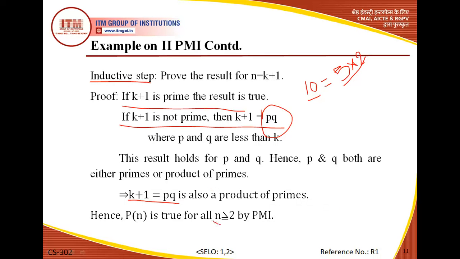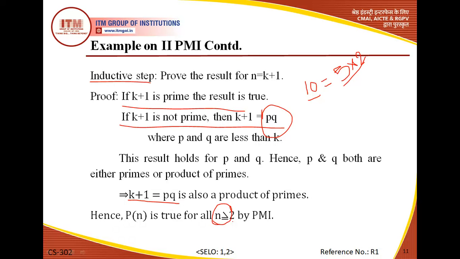And these numbers are greater than or equal to 2. Why? Because we have started from 2 only. Suppose we had started from 10 or 20, 21, or something like that, then in the last line we would say that Pn is true for all n greater than or equal to 21.